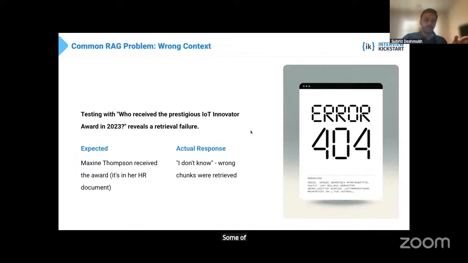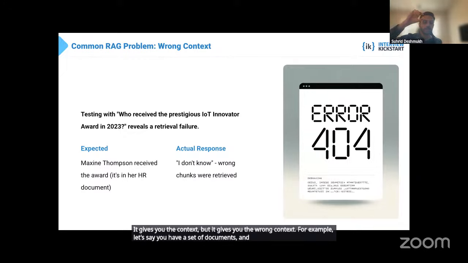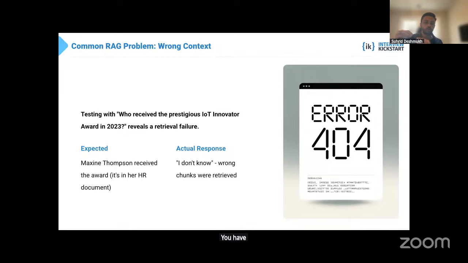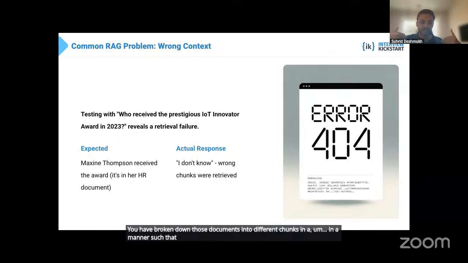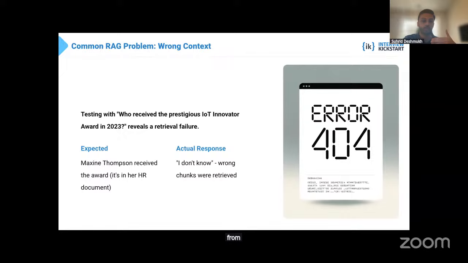Some of the common problems with RAG-based systems are that it gives you context, but it gives you the wrong context. For example, let's say you have a set of documents and you have broken down those documents into different chunks in a manner such that whatever is retrieved from that vector database points to the wrong information associated with the question.